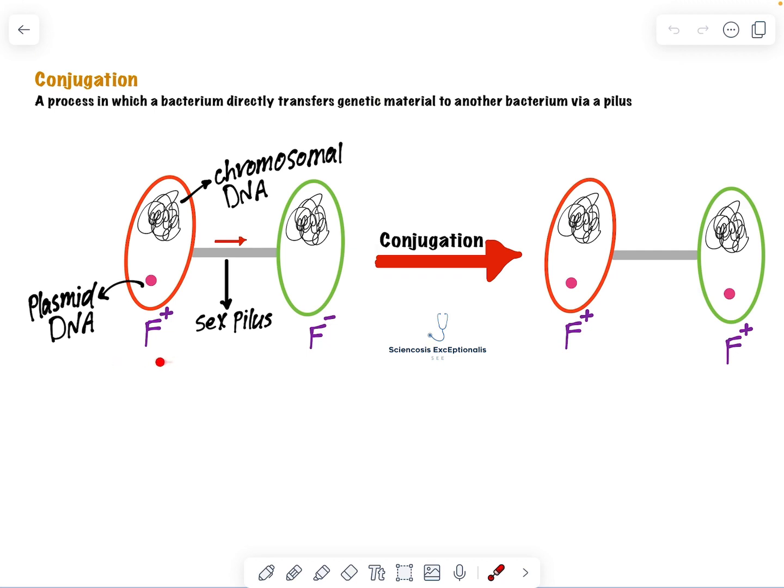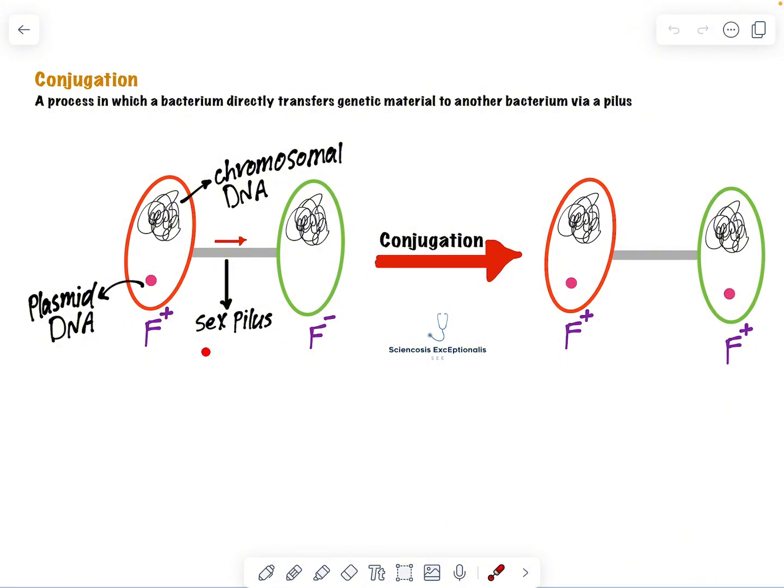So the F positive bacterium is resistant against beta lactamase sensitive antibiotics such as penicillin G. Whereas the F negative bacterium doesn't have the plasmid DNA and the genes responsible for encoding the beta lactamase enzyme, so it doesn't have the beta lactamase enzyme and it is sensitive to the antibiotic.